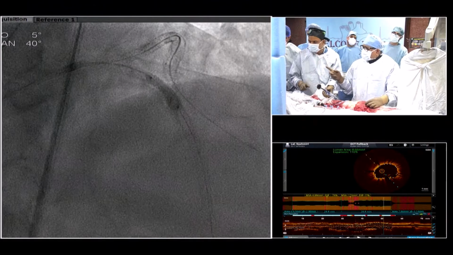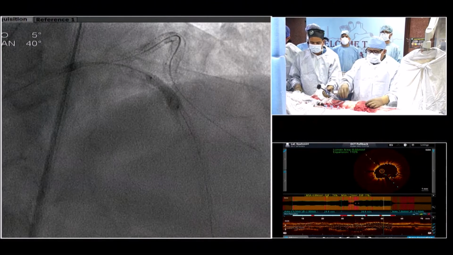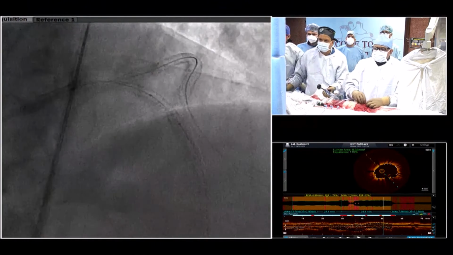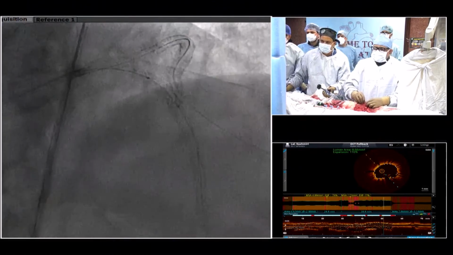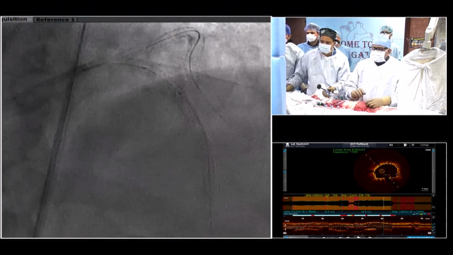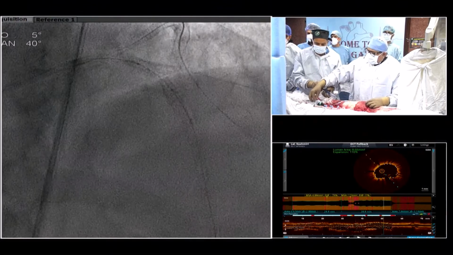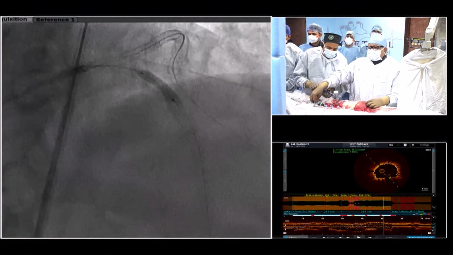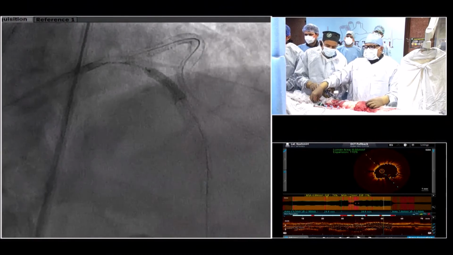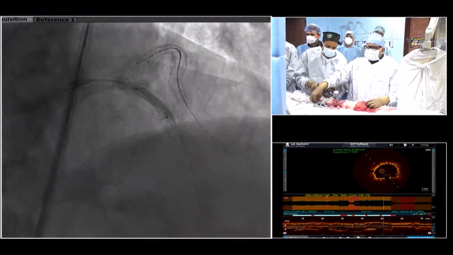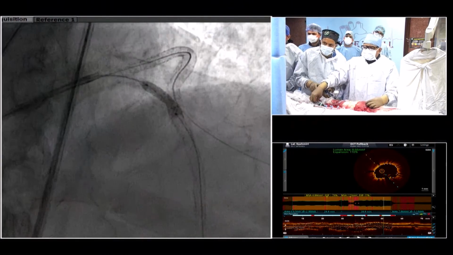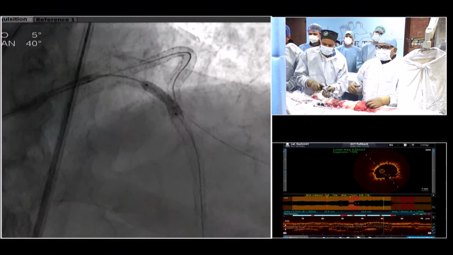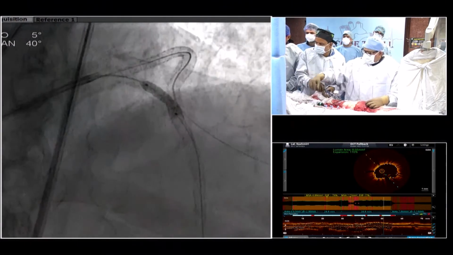So how much is left? 2 cycles is left. How many atmosphere? 4 and 6. This is IVL. It's a 4 and then 6. 8. Negative.